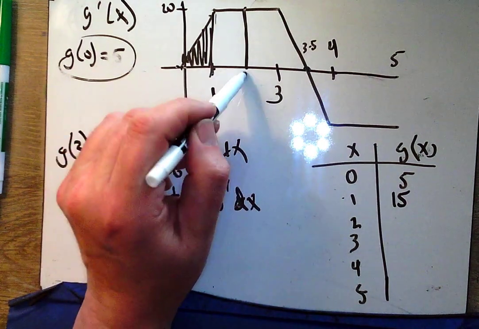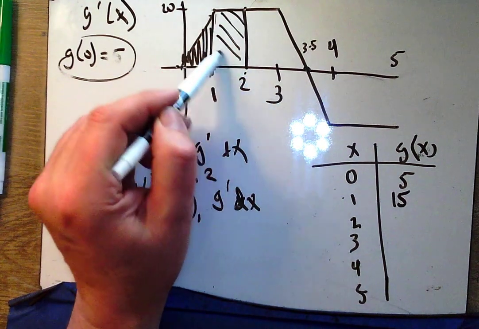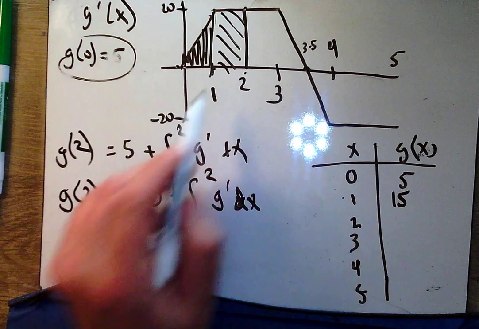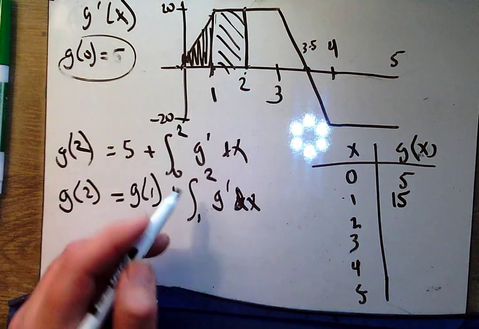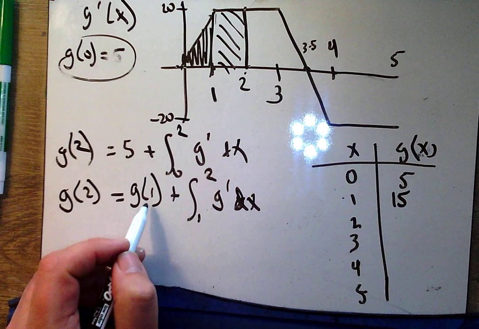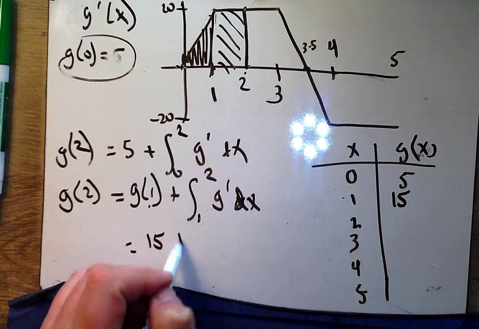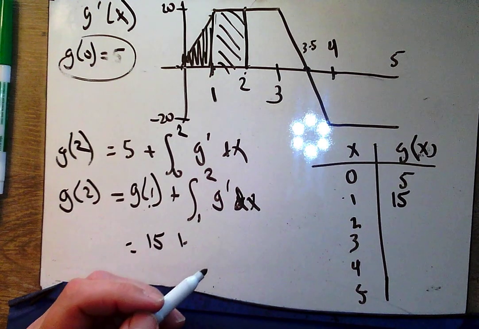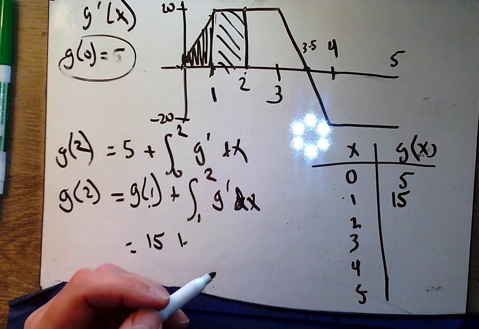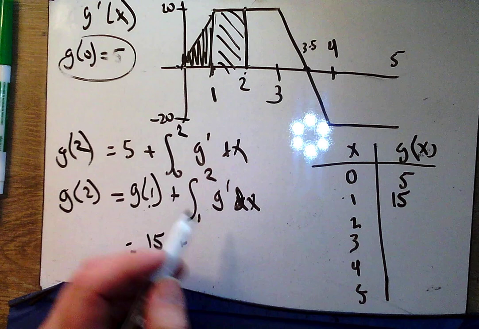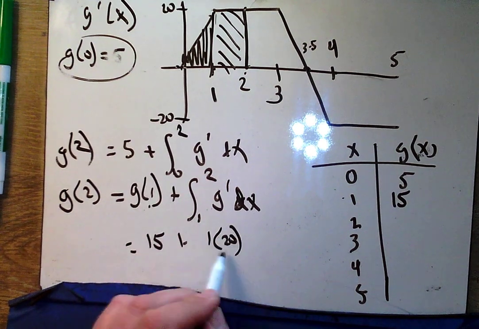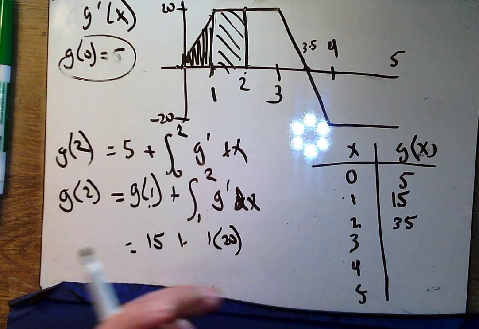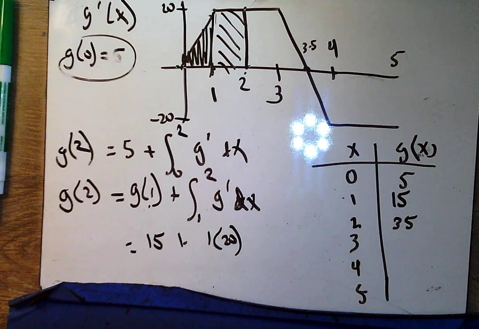Well, from 1 to 2 is just this, with a base width of 1 and a height of 20. So g of 1 was 15, and the integral from 1 to 2 should give us 1 times 20, and that'll be 35.